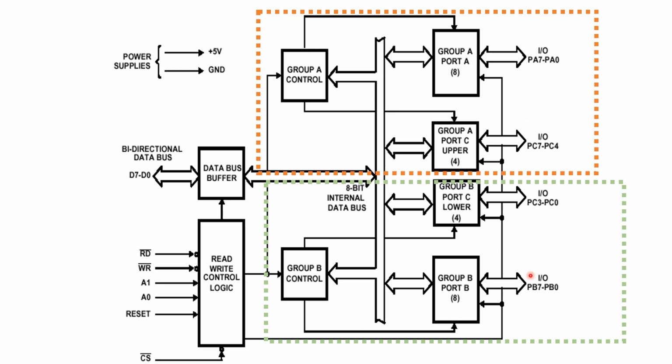So these ports can be used in 2 different ways, that is 3 8-bit ports or 2 groups of 12 lines each. So 2 into 12, 24. Like that also the ports can be programmed.